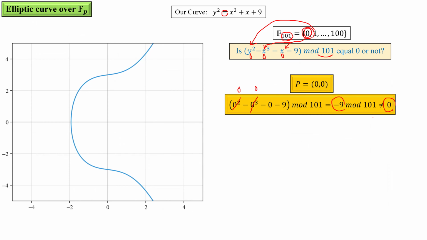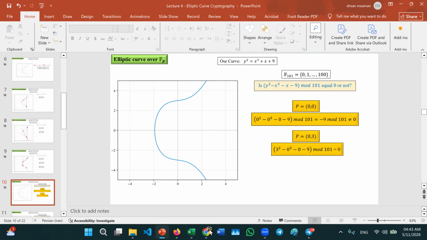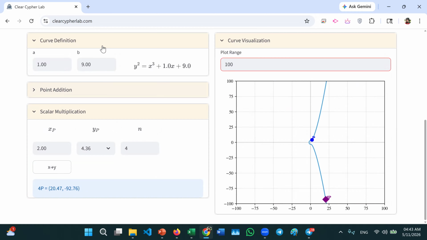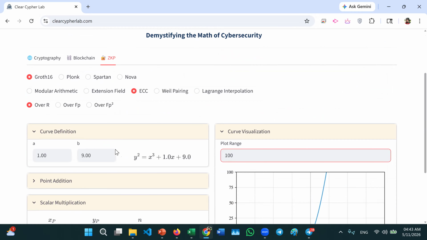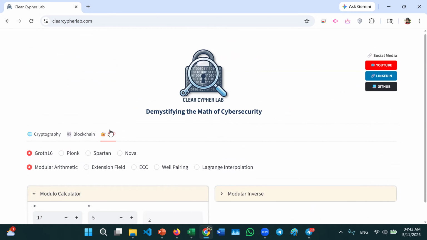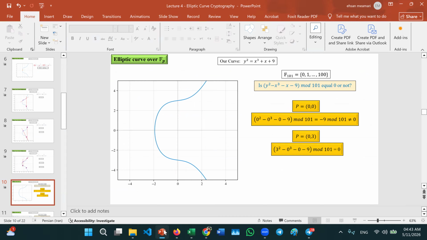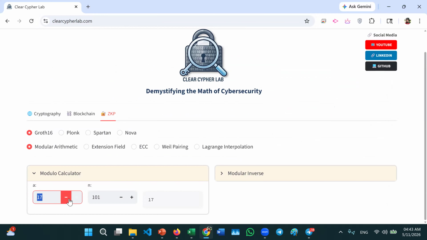To compute mod, you remember that we had a tool on our website. You can use the website here in the modular arithmetic. Here you put 101, and then what was the value here? Yeah, minus 9.